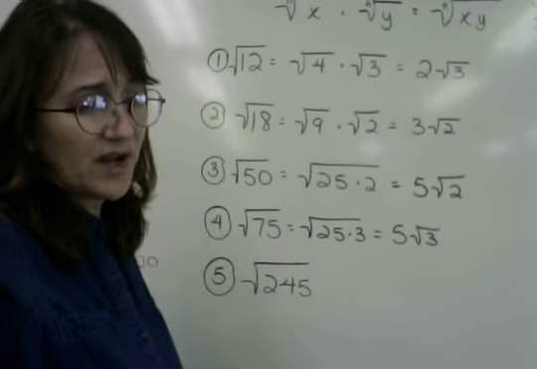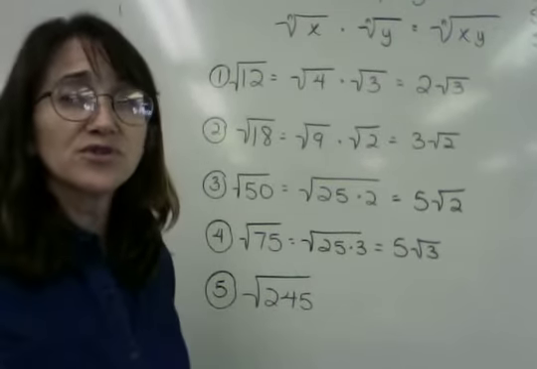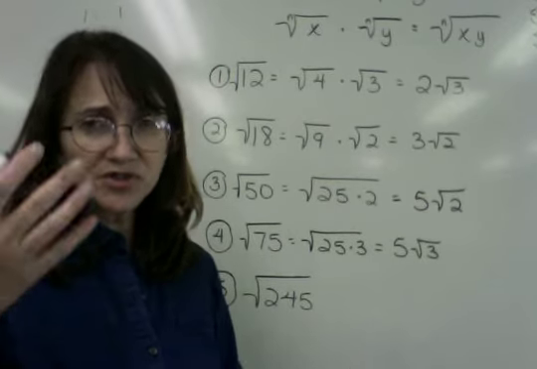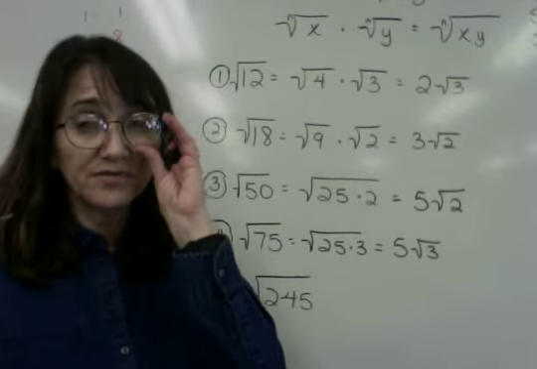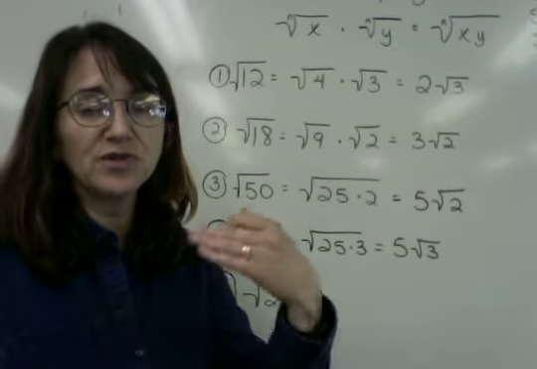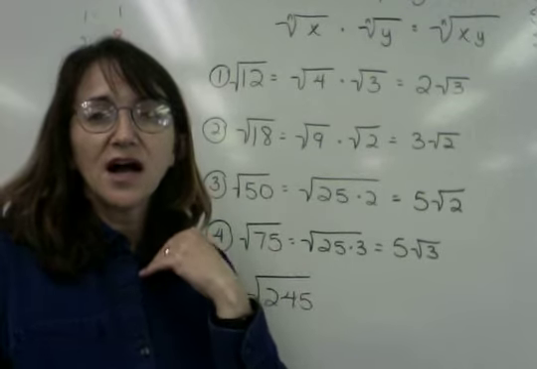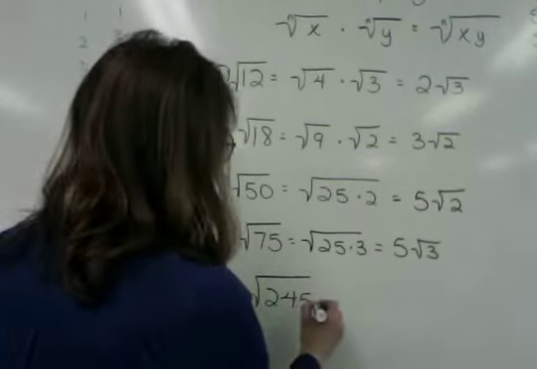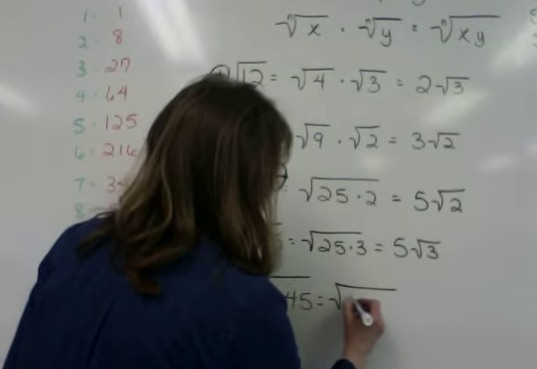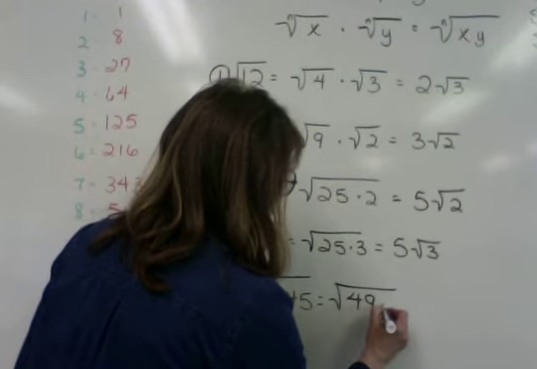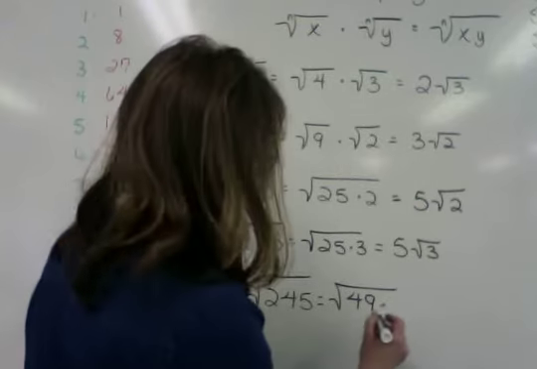Last one is 245, and 245 is one of those weird ones, but we're not going to do the prime factorization, though if you did, you would automatically see the perfect square that's in there, and that would be 49 times 5.